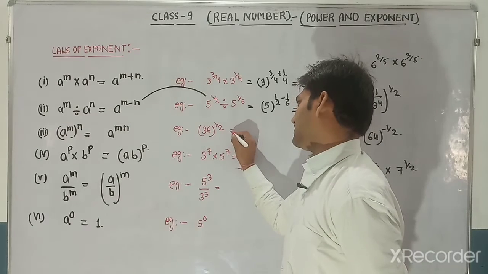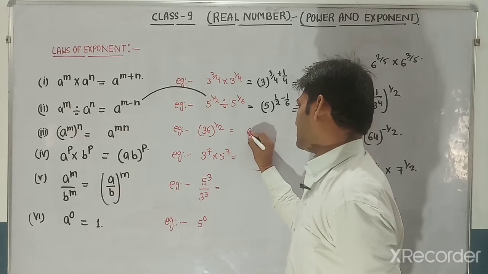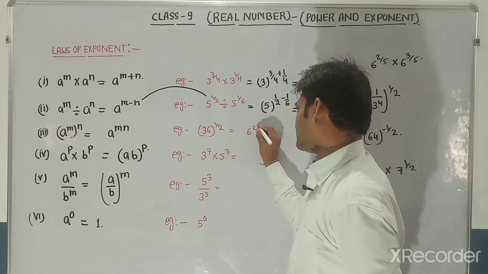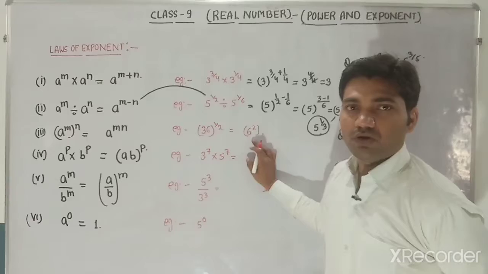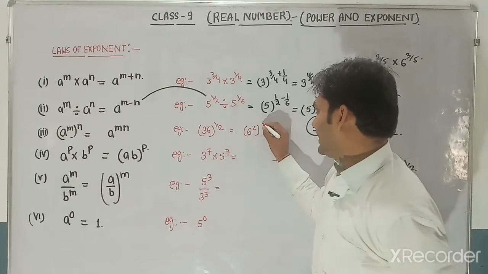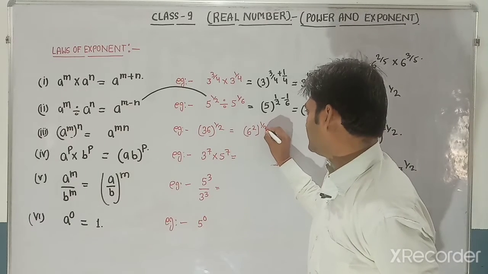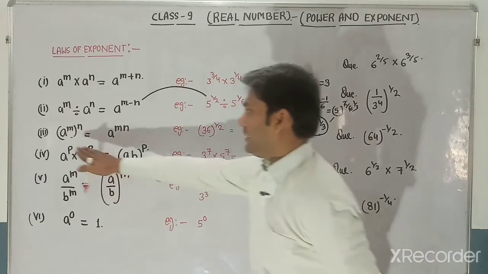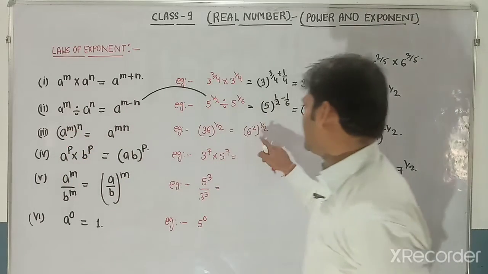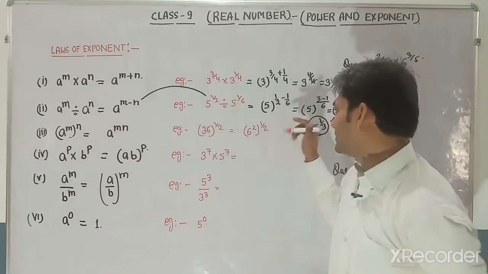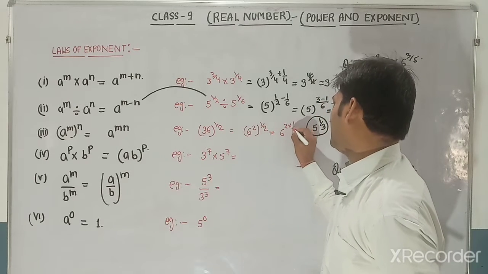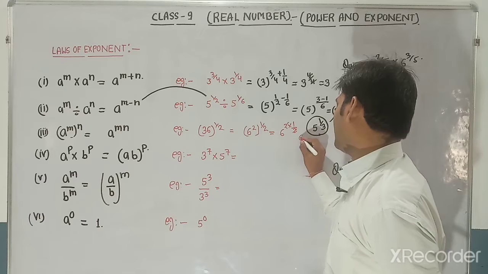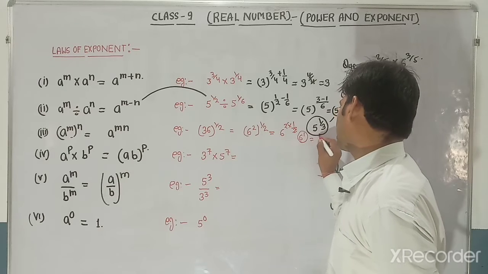Write 36 as 6 whole square, and whole power 1 by 2. Then with the same pattern, a power m whole power n, we multiply the powers. It means 6 power 2 into 1 by 2. Then the result will be 6 power 1. The answer will be 6.